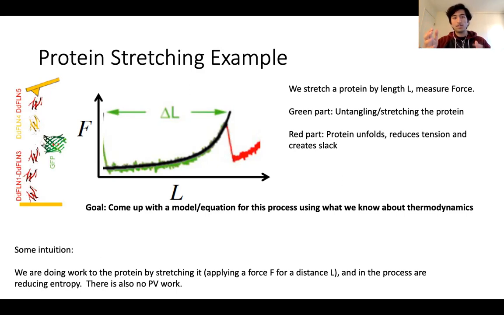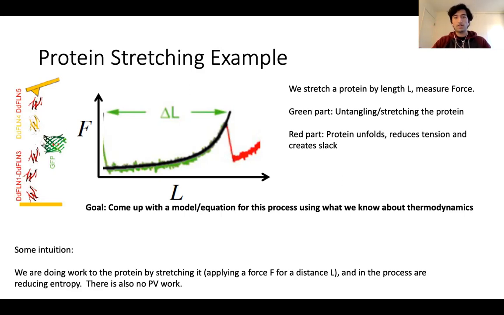Also, when it comes to the work being done here, there isn't any gas expanding against a cylinder, so the work is not going to be PV work like we've seen before. Really, the work comes in the form of force times the displacement length, because, as you'll recall, the definition of work is force times distance, or that's one of the ways to define work. So that's the work in this case.